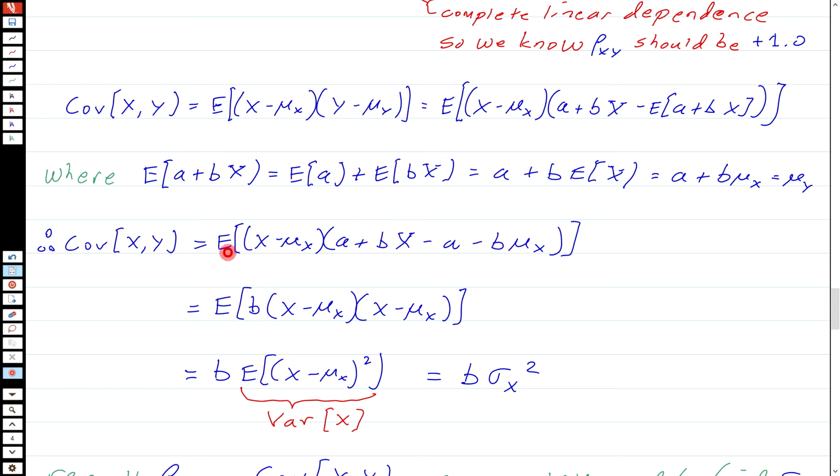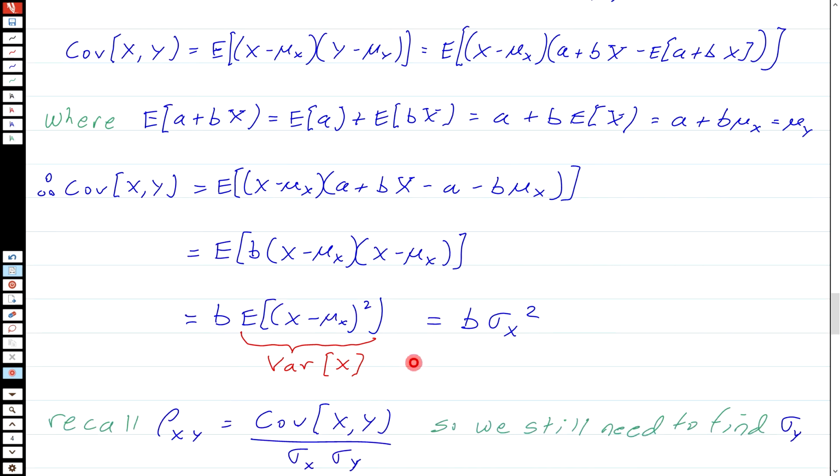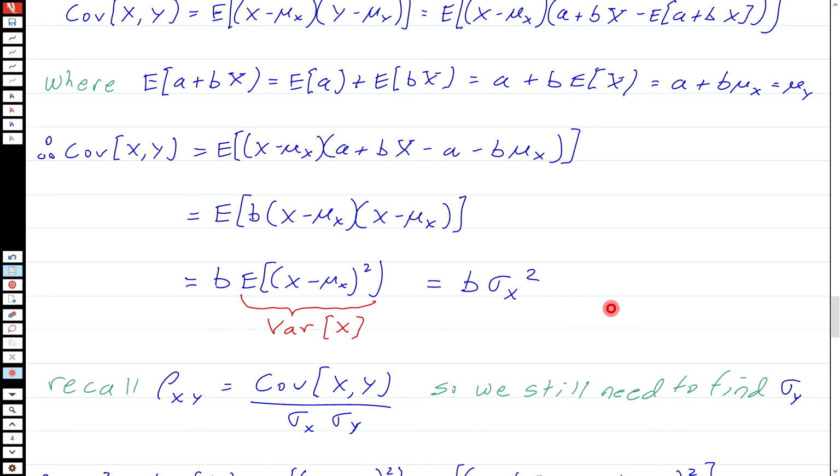I get expected value of b times this thing, x minus mu of x. And in here, I'm just left with x minus mu of x as well. So the b is a constant. I can bring it out front. I get b times expected value of x minus mu of x quantity squared. And we know that this is the variance of x. Okay, so this boils down to b times sigma x squared.